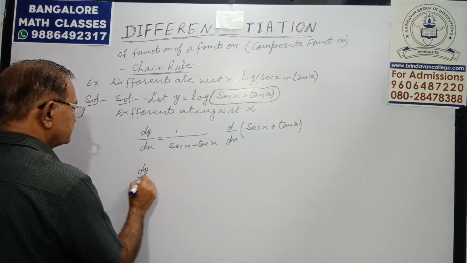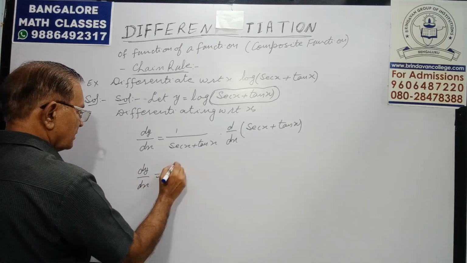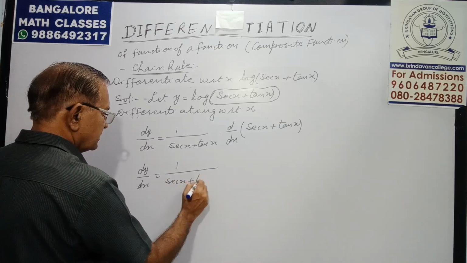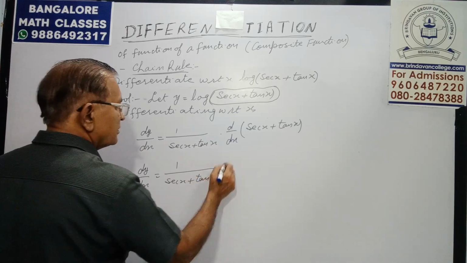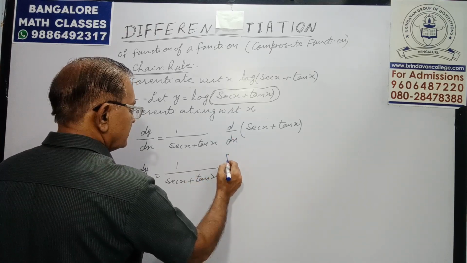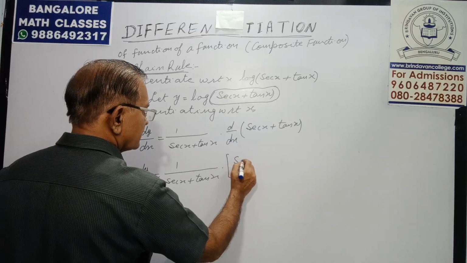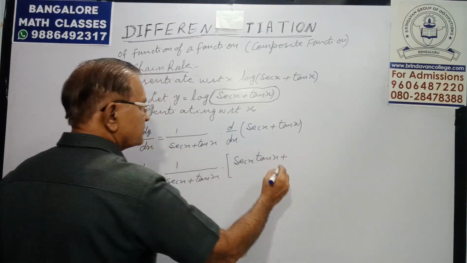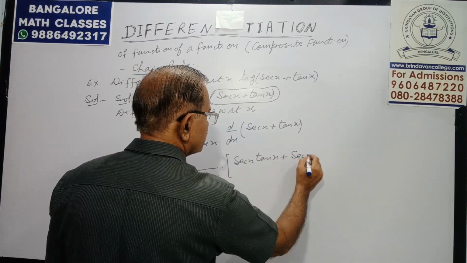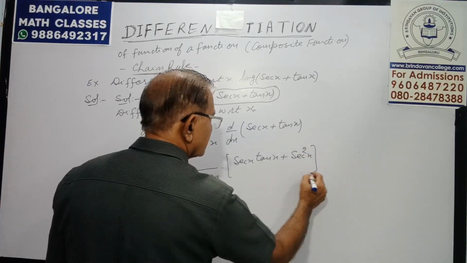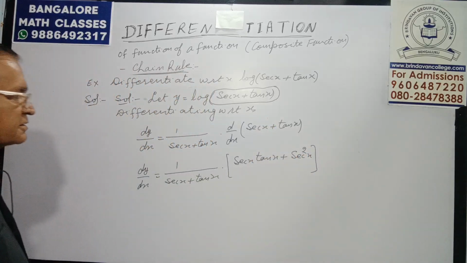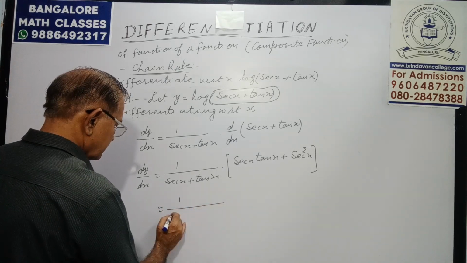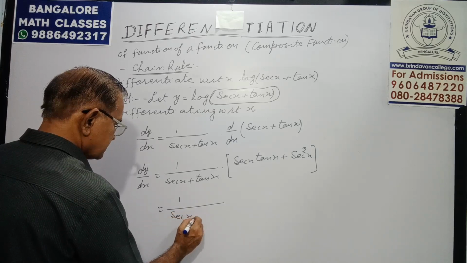dy by dx equals 1 over secant x plus tan x, then its differential: d dx of secant x, d dx of tan x is secant square x. As usual, we know the differentiation of secant x plus tan x equals 1 over secant x plus tan x.